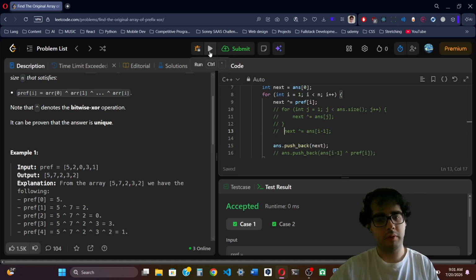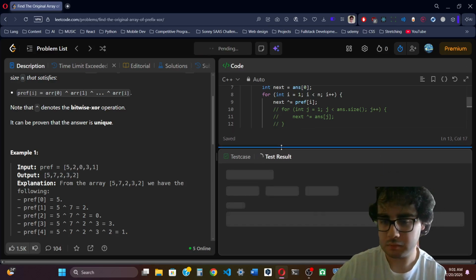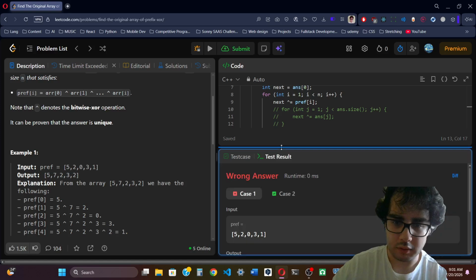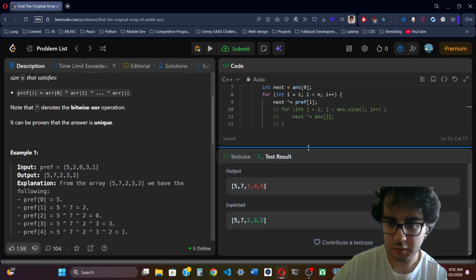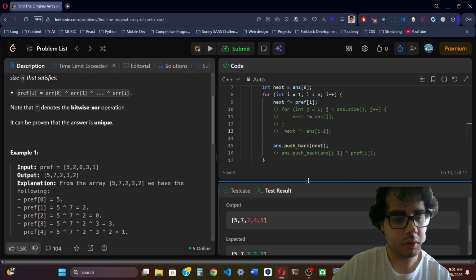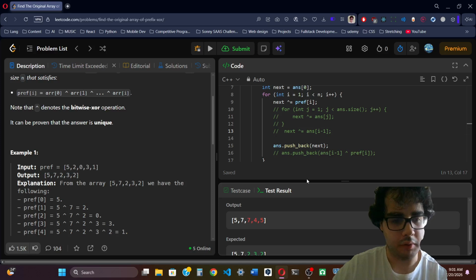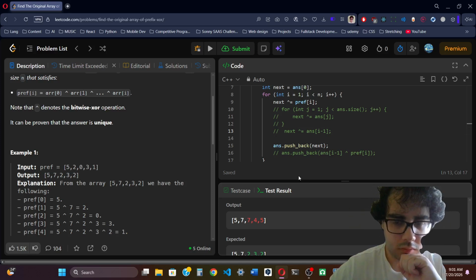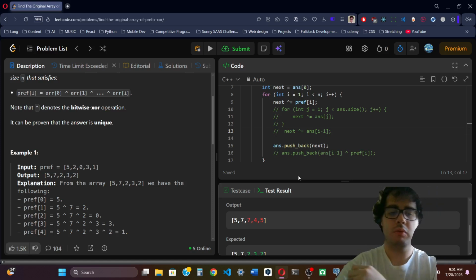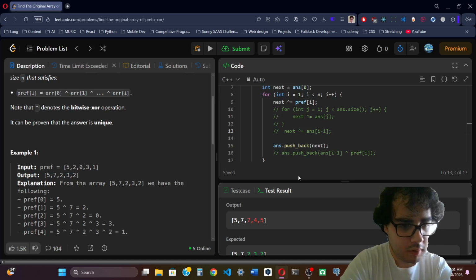Hold up, this does not work. So 7 is equal to 2. Yes, we're actually going to add that.